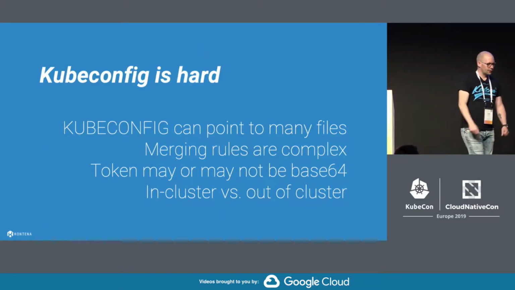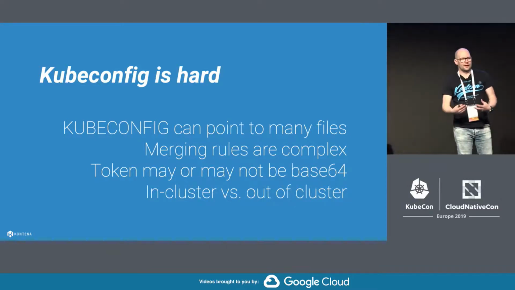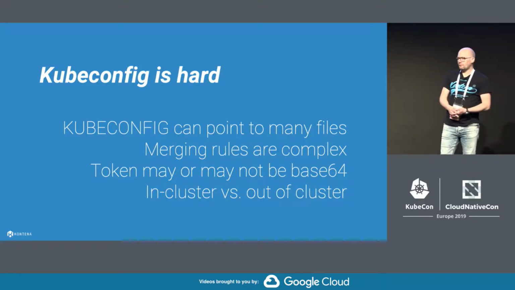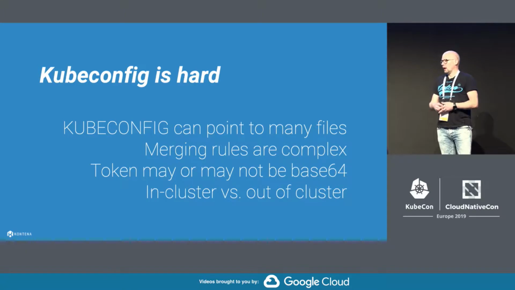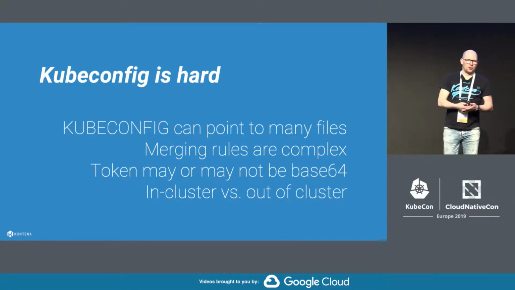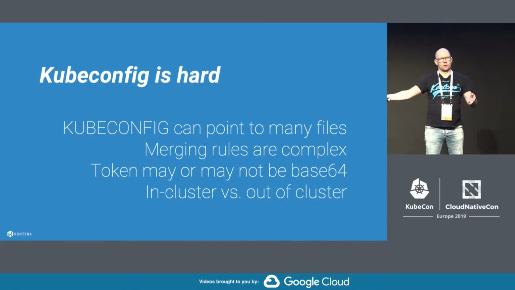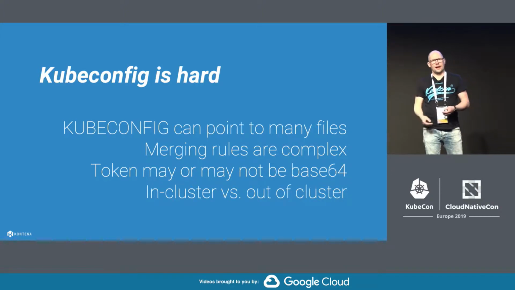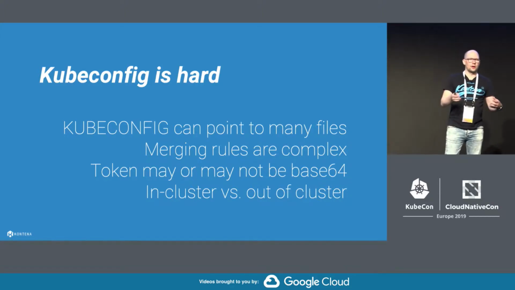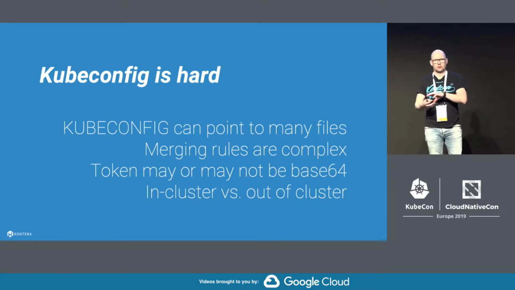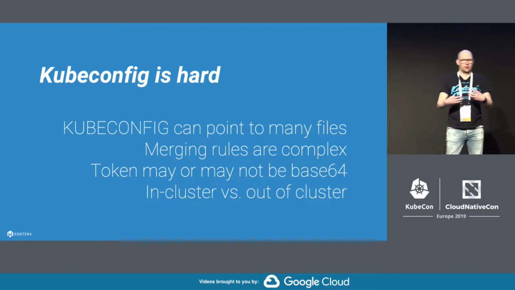That also led to some other complexities on the kubeconfig part. The kubeconfig environment variable can actually point to many different kubeconfig files. And luckily, it's pretty well documented how the client is expected to merge the information, but the merging rules are actually pretty complex.